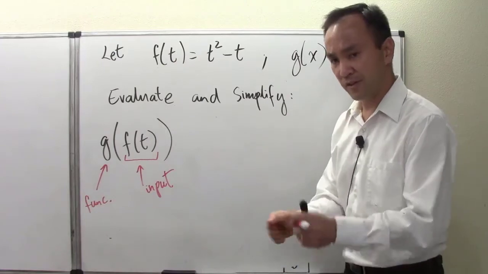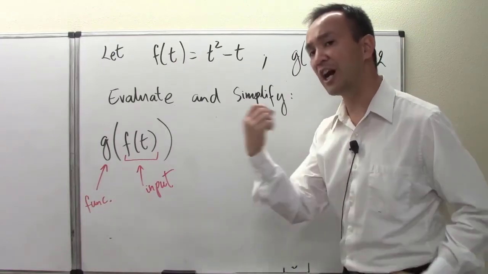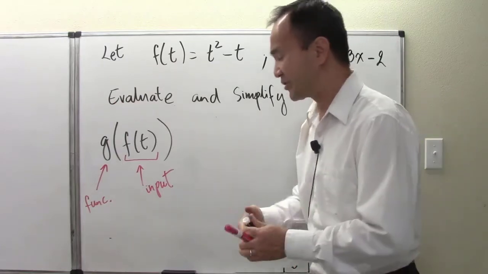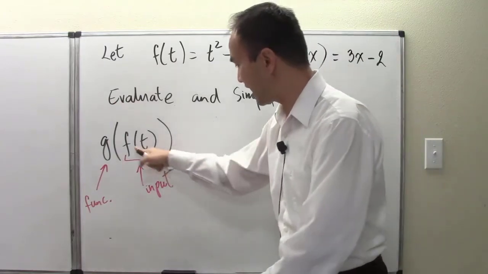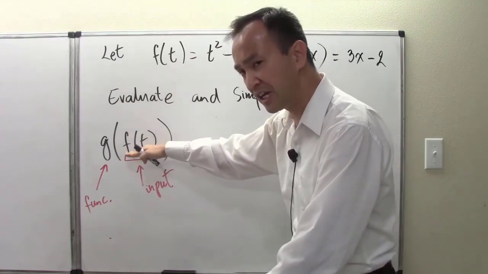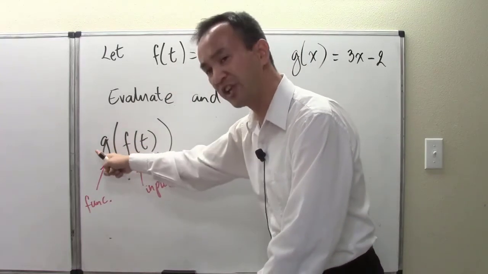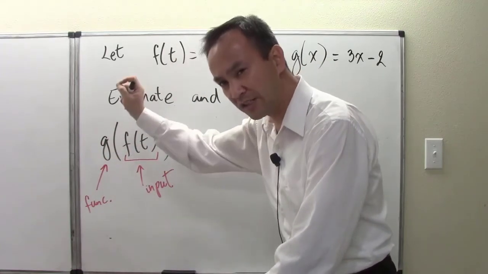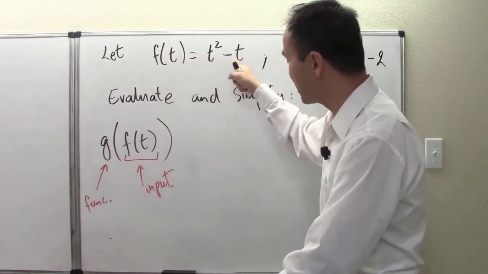So in that way, let me align with how I did that in the earlier quick little problem I brought up. I recognize that this input was previously defined. This function f of t is now the input of g of x. In the end, f of t was previously defined as t squared minus t.